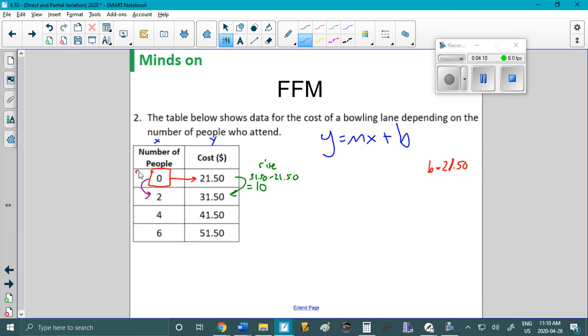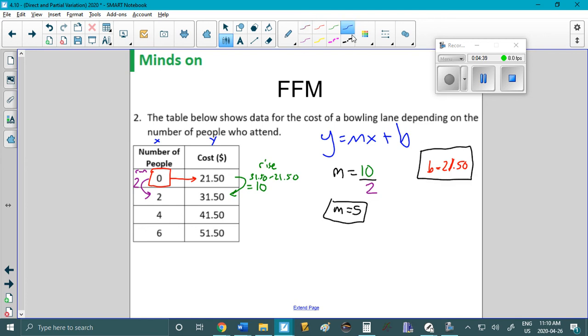So the run is how the x values change. So from 0 to 2, well, that goes up by 2. So our m is the rise divided by the run. I'm doing a lot of color coding here to make things as obvious as I can. And if we divide those, we get m equals 5. So we've got m and we've got b.